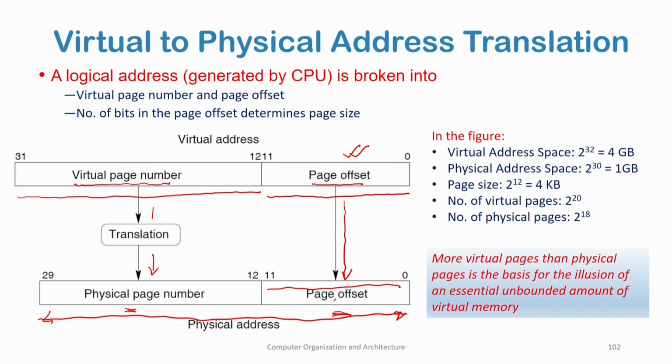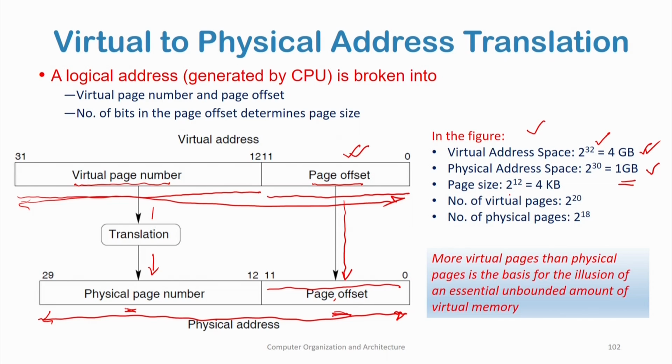So, in this figure, the virtual address space is of 2 to the power 32, because I have 2 to the power 32 different addressable locations in the virtual memory. The physical address space is of 2 to the power 30, from 0 to 29. So, the size of the physical memory is 1 GB, the size of the virtual memory is 4 GB.